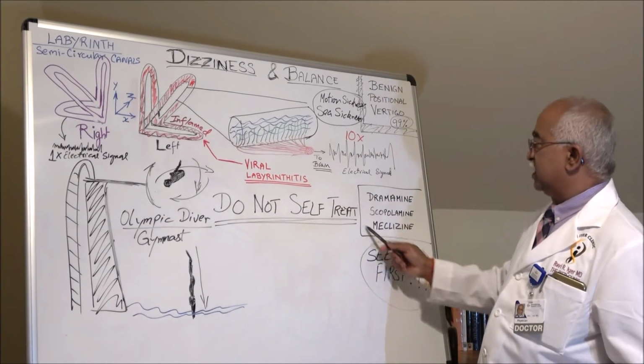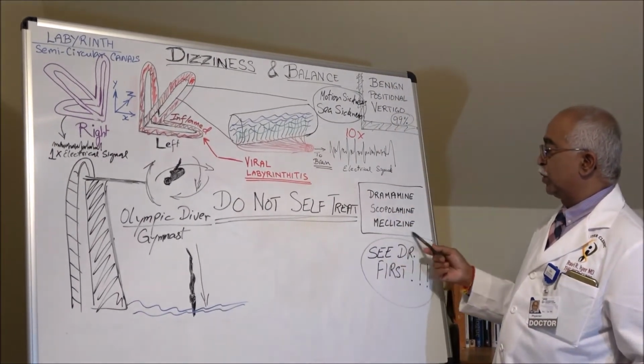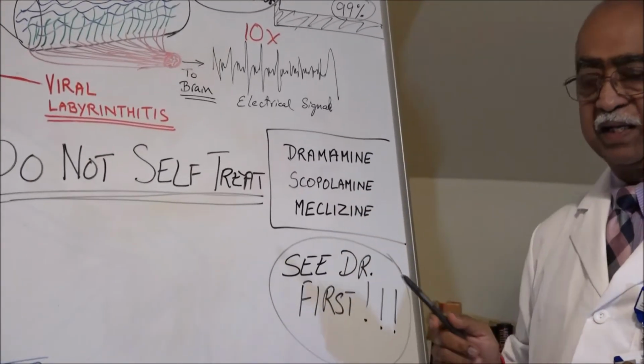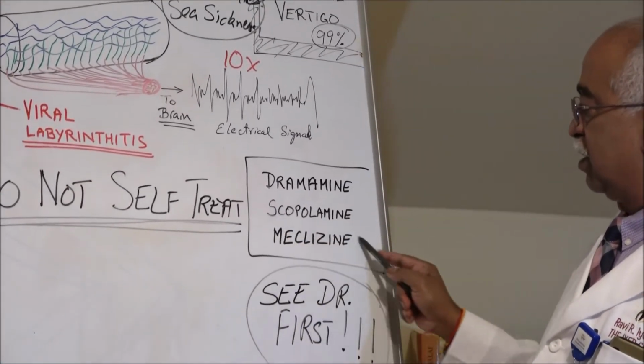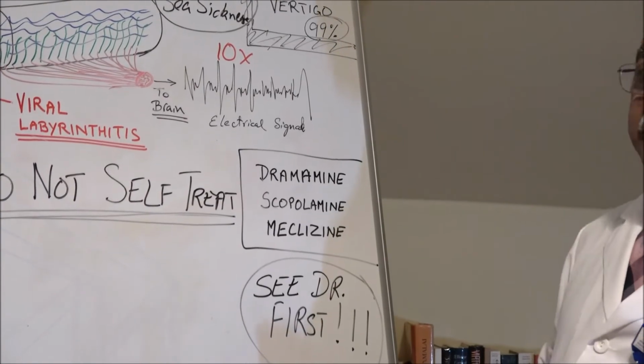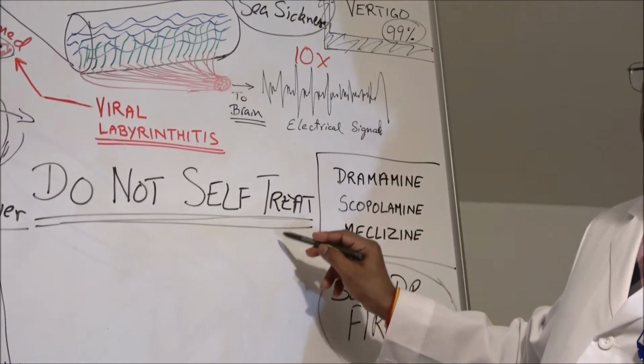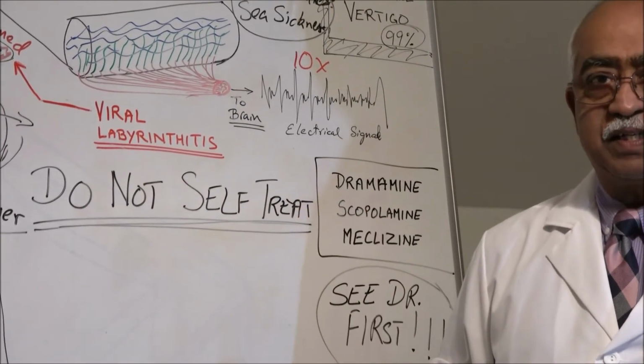The treatment of dizziness almost usually involves certain drugs such as dramamine, scopolamine, or meclizine. Meclizine is by far the most common medicine used in the outpatient practice, but please do not self-treat. There could be many other causes of dizziness.